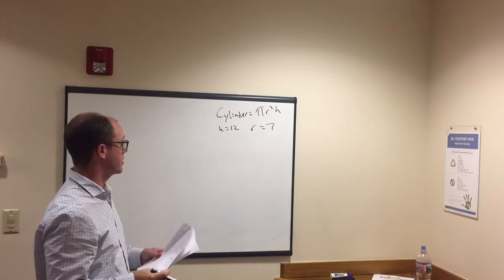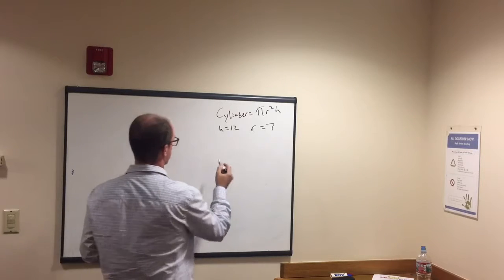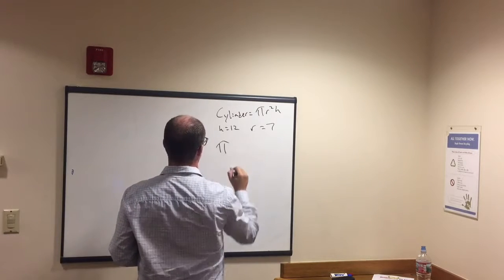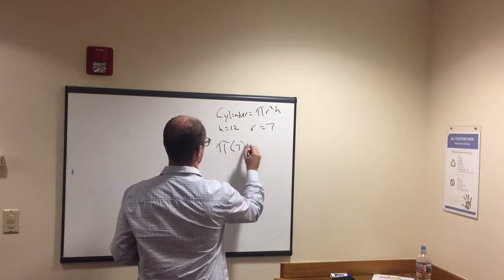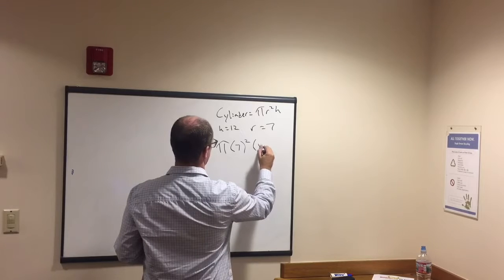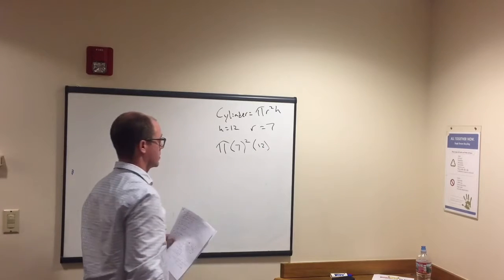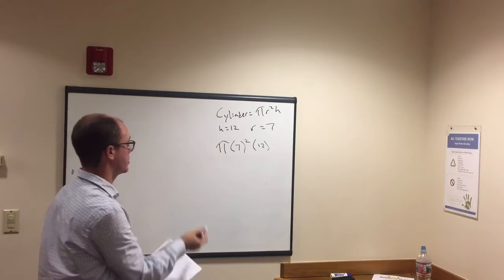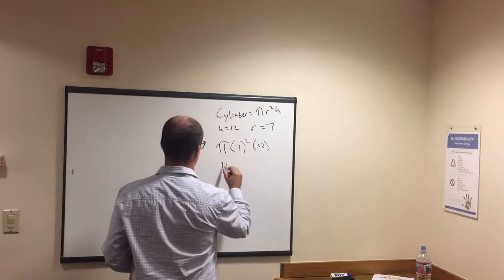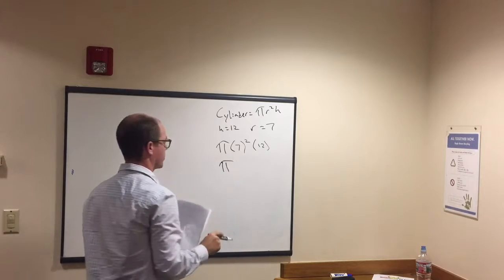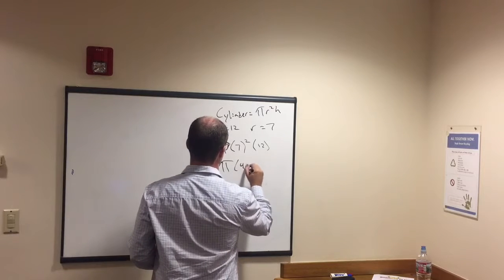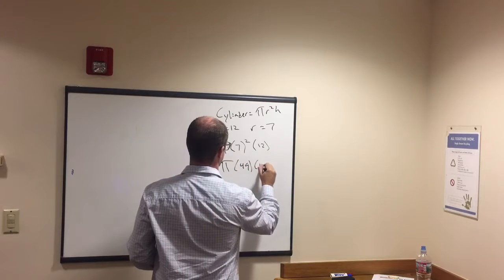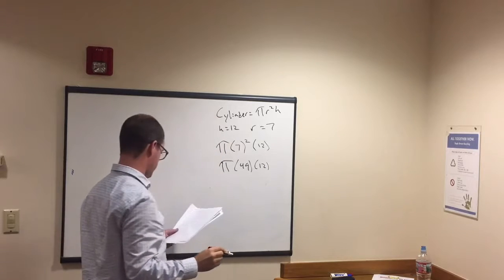You just have to plug this stuff in. So if we're looking at this one, pi r squared h, pi right there, what's the radius? 7 squared times 12. Then I drop pi down to here. I don't ever make it 3.14, keep it at pi. 7 squared is 49 times 12.